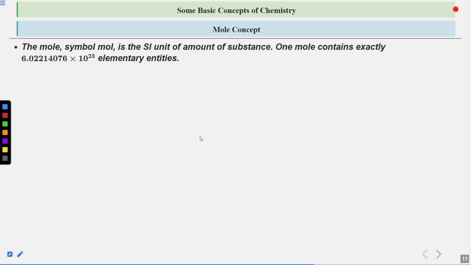While doing the calculation, we drop the part after the third decimal, which is 2. We drop this 14076 as a whole, and we only take 6.022 into 10 to the power 23 as our calculational part.